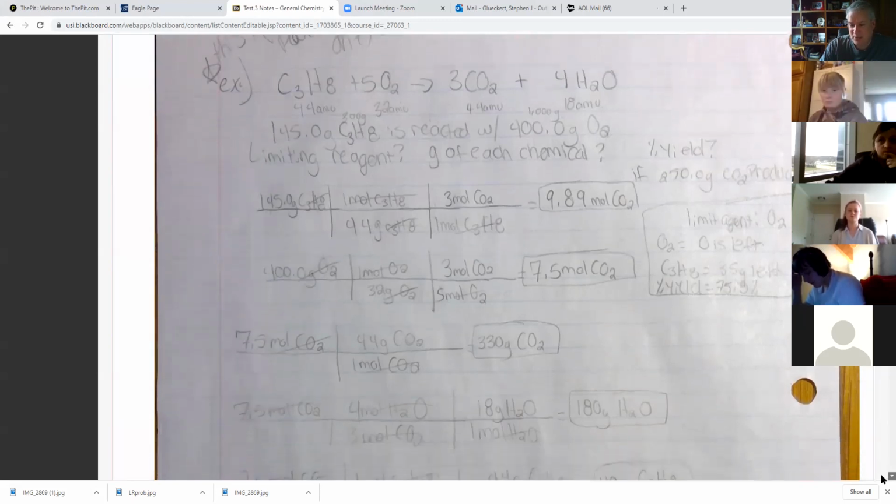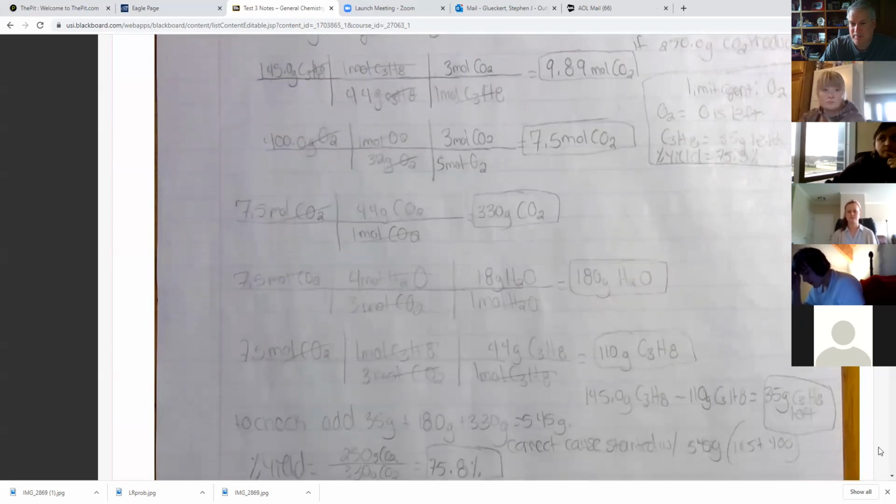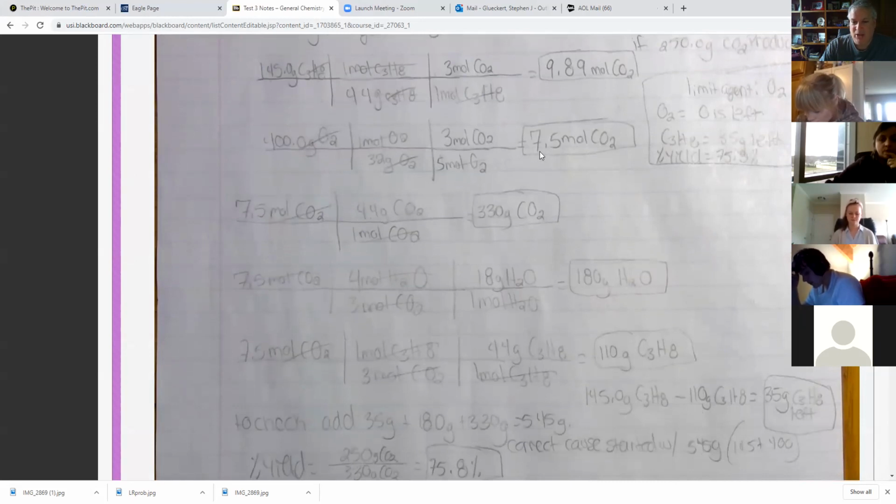Again, I would call that another key. You never get to 9.89 moles. You only get to 7.5. So 7.5 moles starts all of your other calculations. So for moles of CO2, go to grams of CO2. Moles of CO2 relate to the moles and then the grams of the other substances in the reaction.